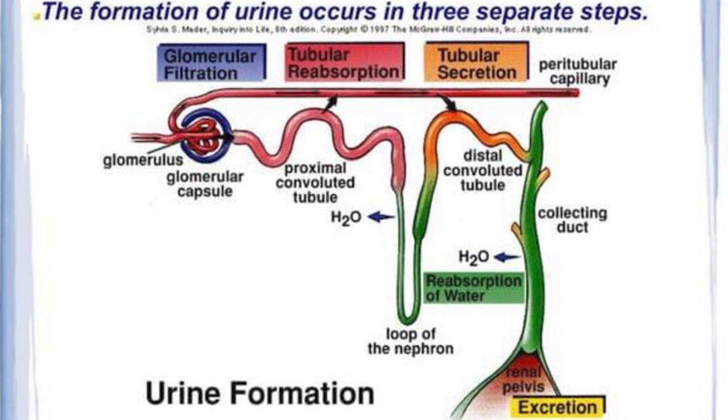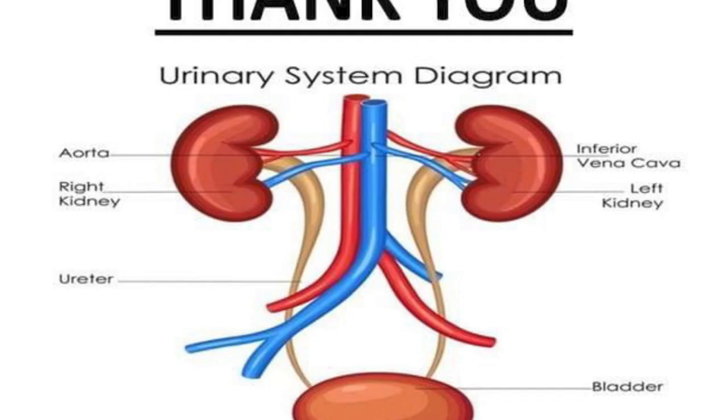The first one is glomerular filtration, done with the help of the glomerulus and Bowman's capsule. The second one is tubular reabsorption, done with the help of the convoluted tubule. Then tubular secretion is done with the help of the tubules. Finally, the urine will be excreted by the collecting duct. Thank you.